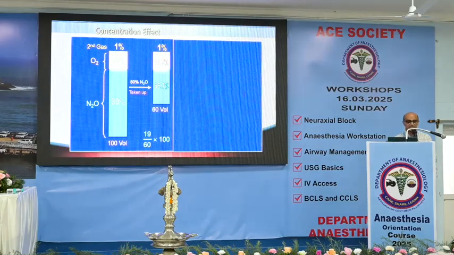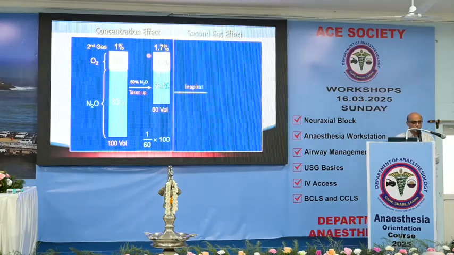Oxygen concentration goes up to 31.7 because the volume is reduced, but the fraction still remains the same. What happens to sevoflurane vapor? If you look at the sevoflurane vapor, I have divided 1 by 60, it is 1.7. So automatically, because of augmented alveolar ventilation, the sevoflurane concentration has gone up, and the oxygen concentration also has gone up.